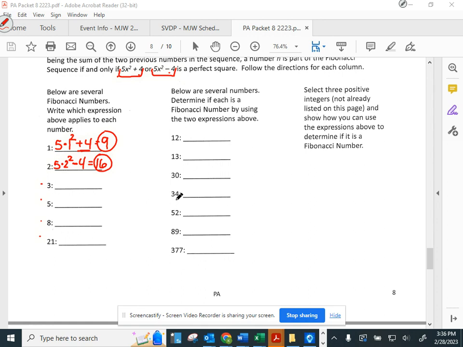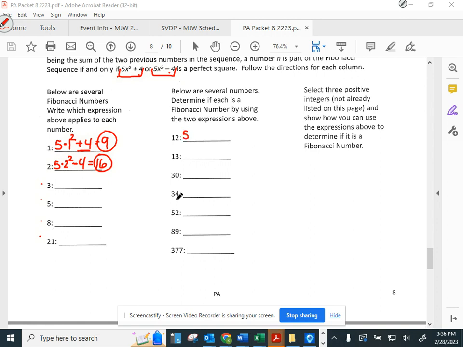I don't know all of them. So to figure out if a number is a perfect square, if you don't know, you see what the square root is. If the square root is a whole number, then it's a perfect square. If the answer to the square root has a decimal, it is not a perfect square, so you know that that equation doesn't work.